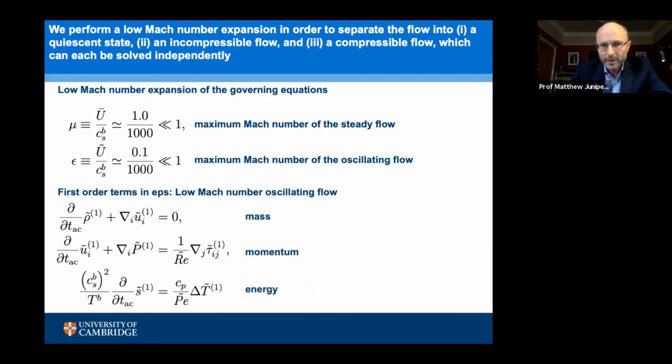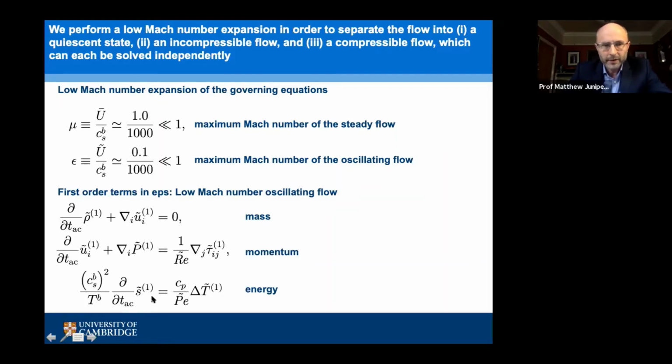And then the first order terms in epsilon. This is the interesting bit. This is the low Mach number oscillating flow. So we have equations for mass, which of course now has fluctuating density because this is the acoustics, momentum, and energy. An acoustic wave in the absence of dissipation is isentropic, so the entropy S wouldn't change, but because there's dissipation, there is a change in entropy in the system.